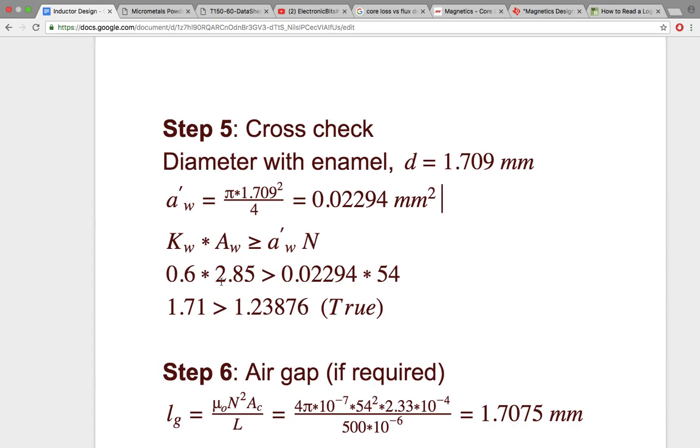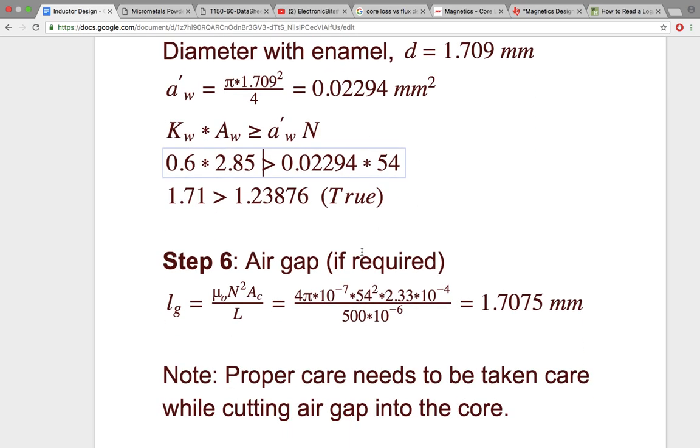Let's say we are going to utilize the window area we got from the data sheet. Then this area we just now computed, with 54 turns, and we see this inequality. If you compare this, all things are in mm square.